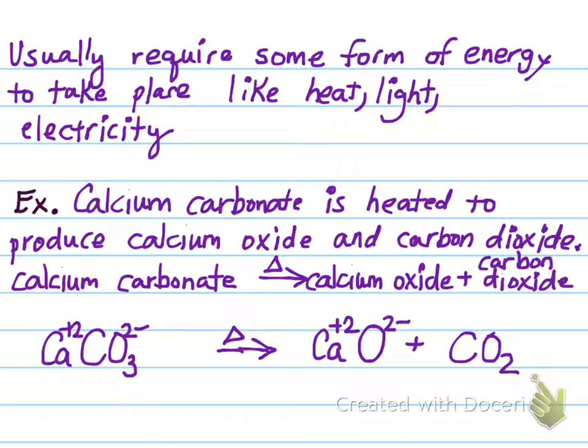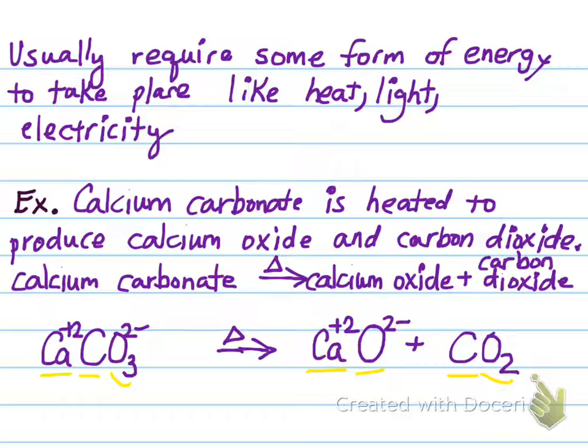Now, looking to balance this, I have 1 calcium, I have 1 calcium. And I can't count carbonate as a group, so I have to count it separately. So I have 1 carbon, 3 oxygens, 2 plus 1 more makes 3 oxygens. So this happens to be a skeleton equation that is also a balanced chemical equation.